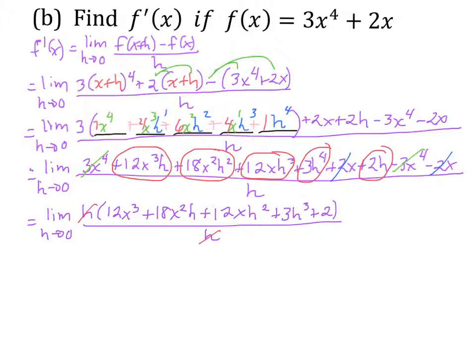Then if I were you in the next step, I would go ahead and plug in a 0 for any term that has an h in it, which should then cancel out those terms. So you should really only have a 12x cubed with a 2 left over.